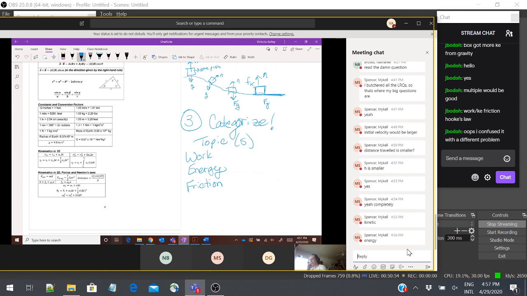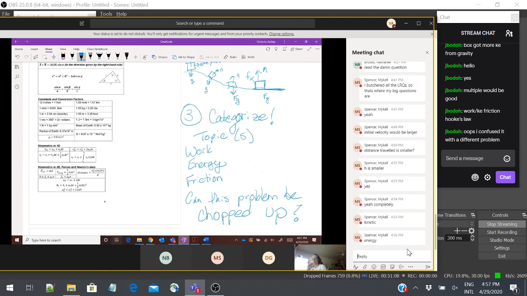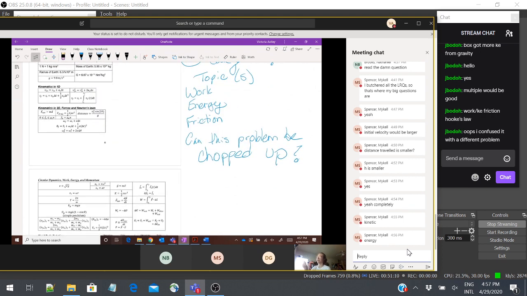You can also think about, can this problem be divided? Can this problem be chopped up? Sometimes students try to do the whole thing in one step, but you actually have to do this bit and then this bit and then this bit. And then sometimes you have to do them in weird orders, right? What do you think?